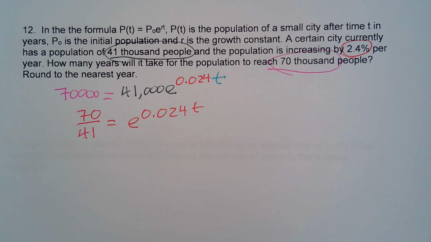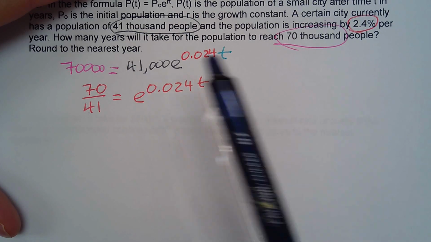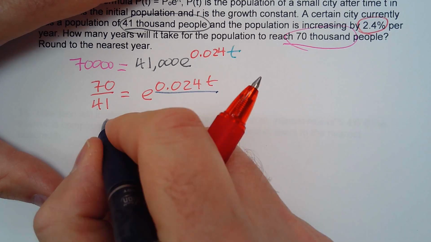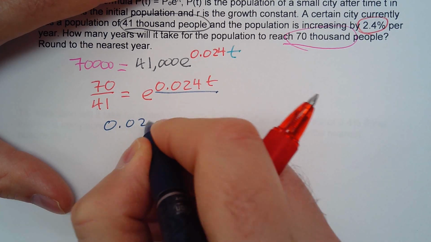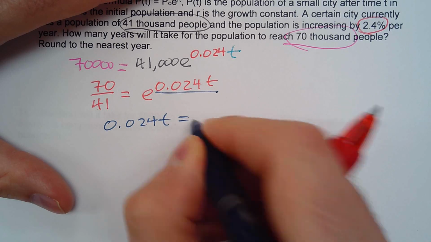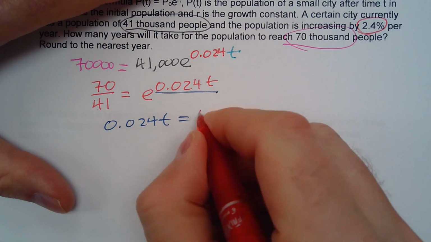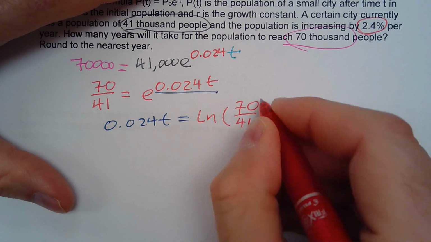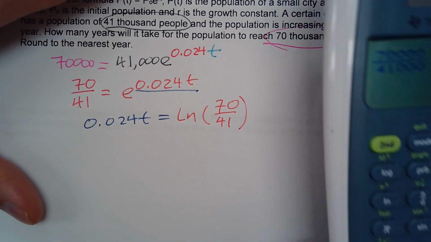The only way I can get it is I'm going to have to change this to a log equation. Fortunately, my base is e, so that's going to be natural log. So that's my exponent: 0.024t equals natural log of 70 over 41.